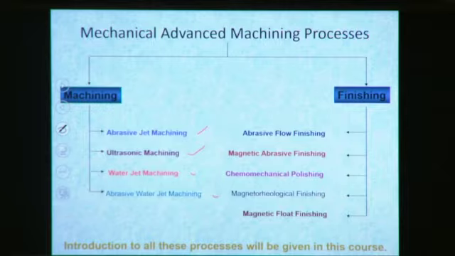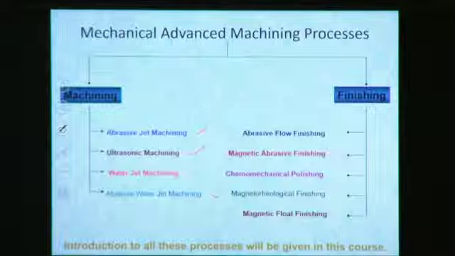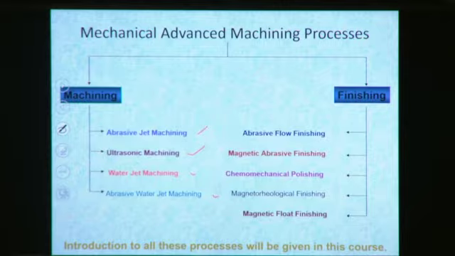Okay. So there are different mechanical type finishing processes also. These are basically nano finishing processes. These finishing processes are abrasive flow finishing process or AFM process, magnetic abrasive finishing process or MAF process, chemomechanical polishing process or CMP process, magnetorheological finishing process, better known as MRF process, and magnetic float polishing process, known as MFP, or magnetic float finishing process, and this process is used for polishing balls which are used in bearings.